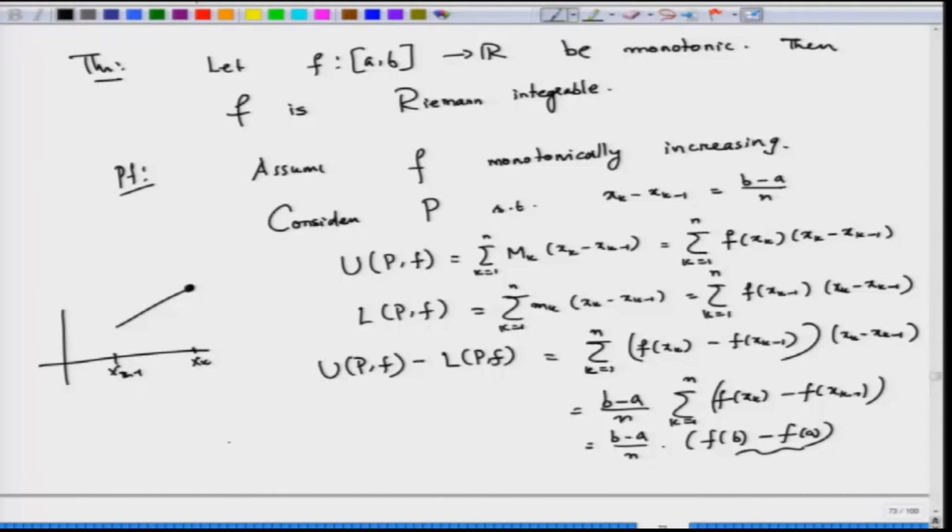So, what we can do is take n large such that (b minus a) times (f of b minus f of a) divided by n is less than epsilon, and then U_P f minus L_P f is going to be less than epsilon. That shows that if f is a monotonically increasing function, then f is Riemann integrable.